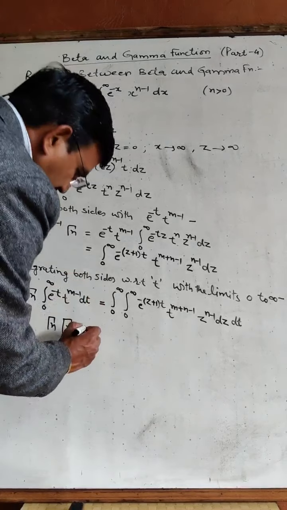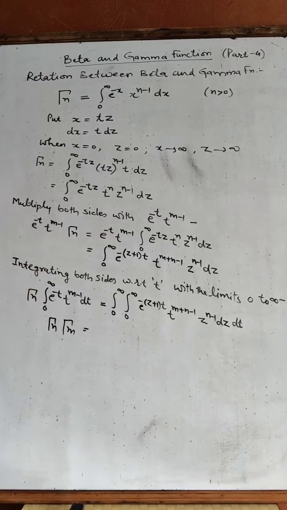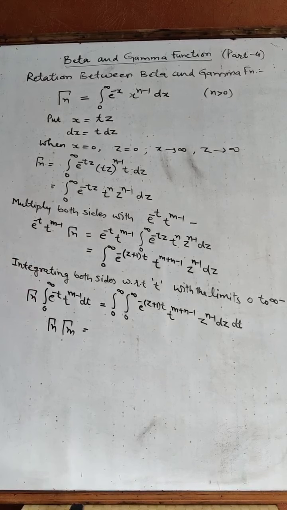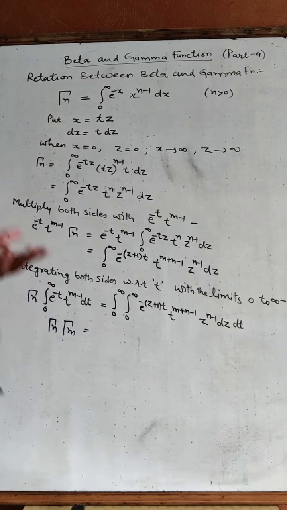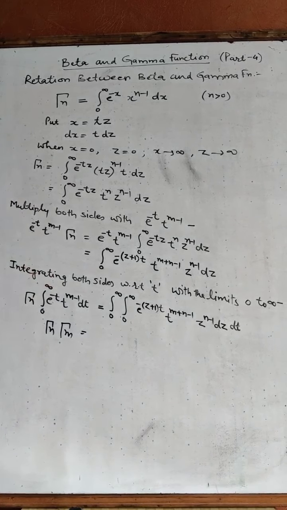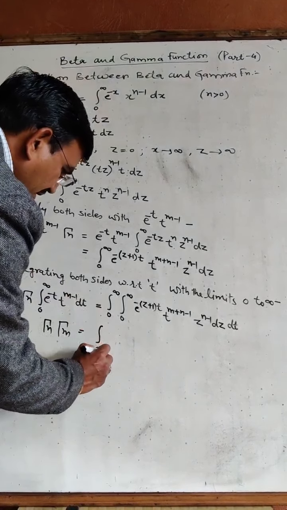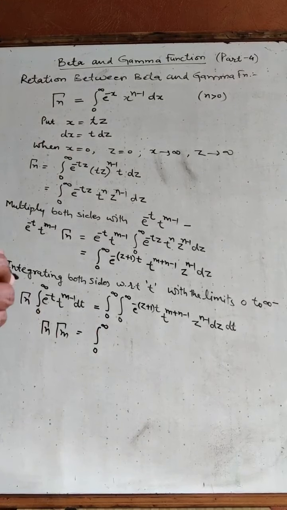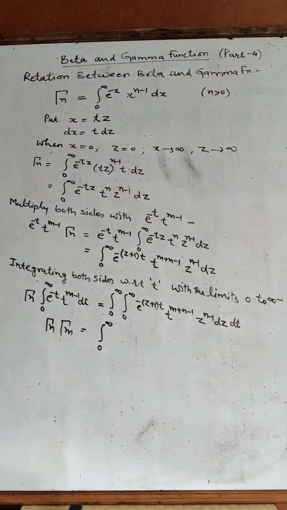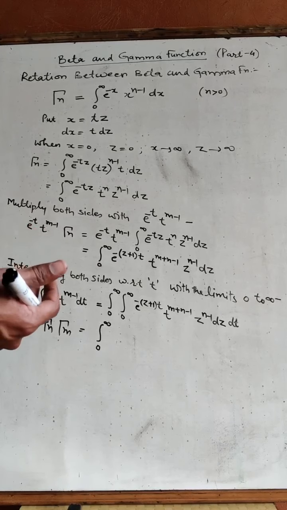And on the right hand side, it is a double integral with constant limits. Both the variables z and t have limits from 0 to infinity, so we can change the order at our will, and we are changing the order of integral in such a way that we would integrate with respect to t the first time, and then we would integrate with respect to z the second time.